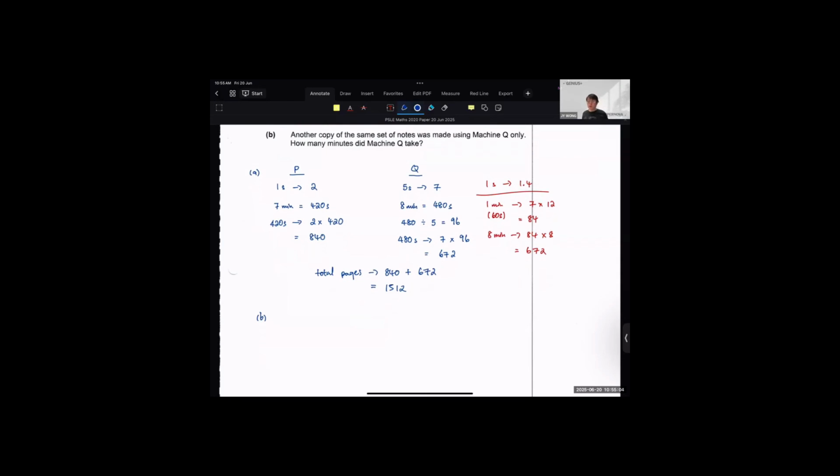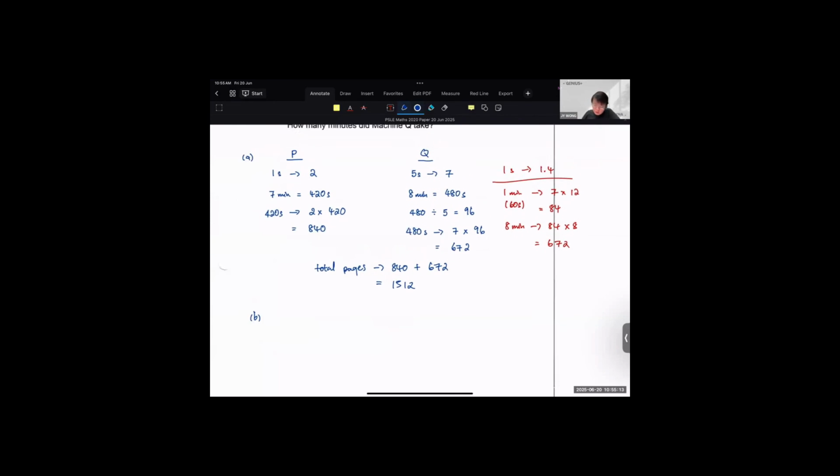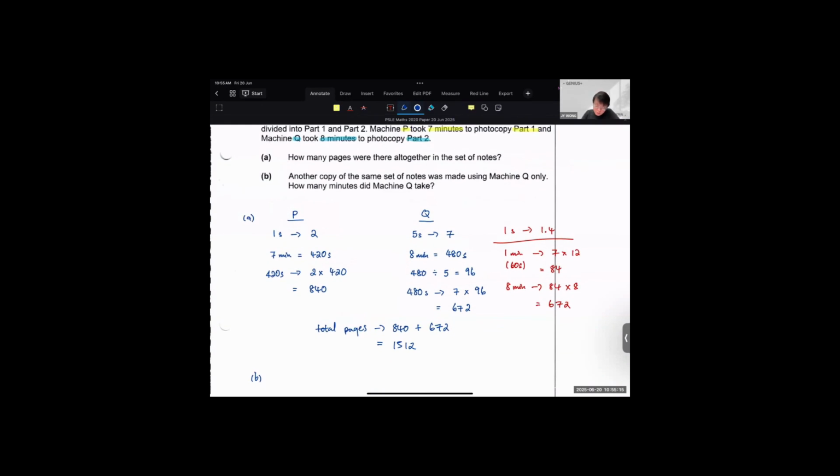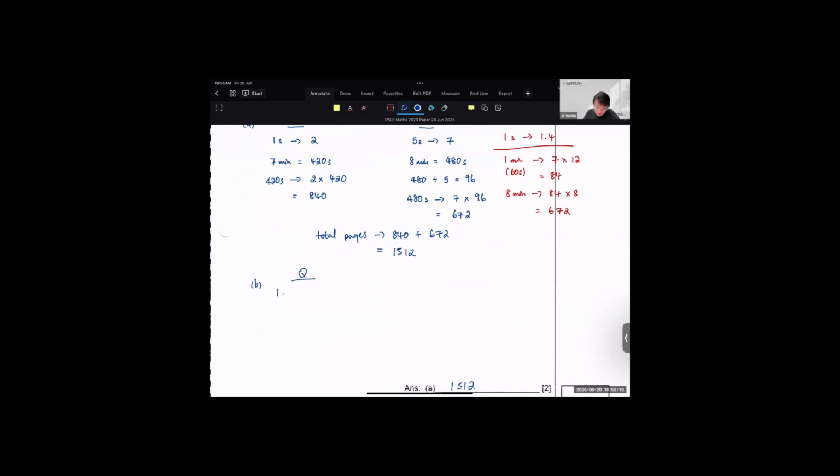So what do we know about machine Q? Again, we know that machine Q takes 5 seconds to print 7 pages. Here, it probably makes a bit more sense because they ask you for a number of minutes, right? To go and directly find for machine Q what is 1 minute anyway. So 1 minute for machine Q will be 7 times 12 to give me 84 pages.